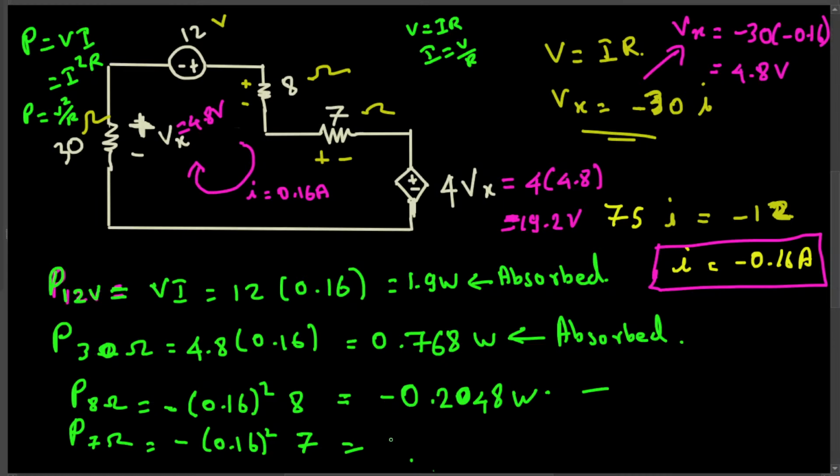Yeah, so if you calculate this one, this is negative 0.1792 watts. This one is supplied. And for the 4Vx voltage here, the current is also going from positive to negative, so this is going to be a power supplied.